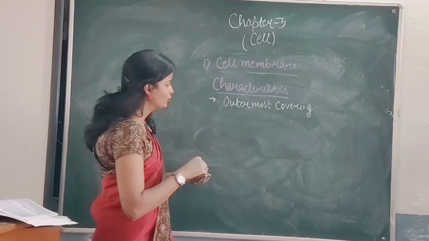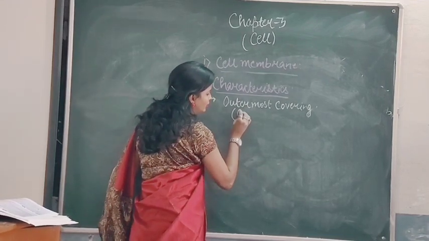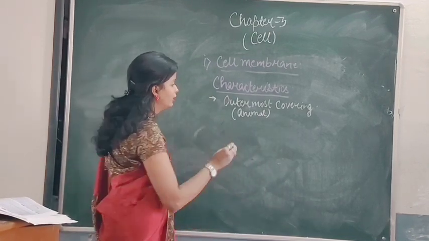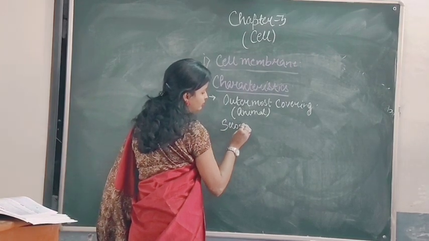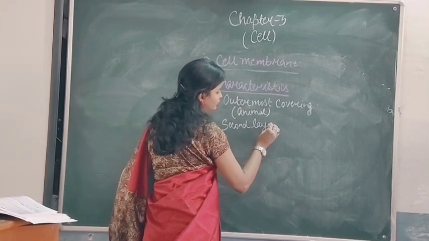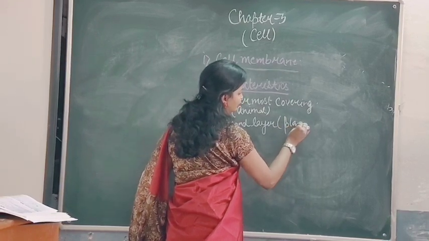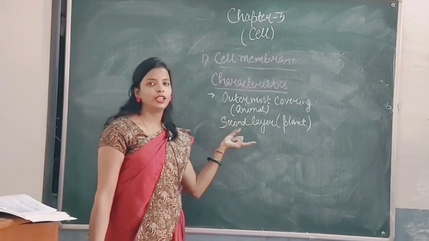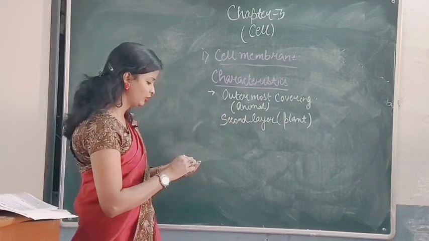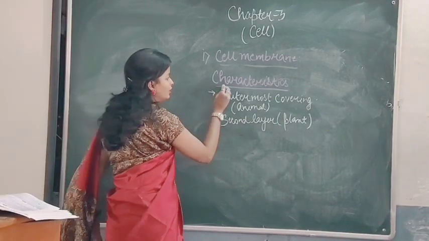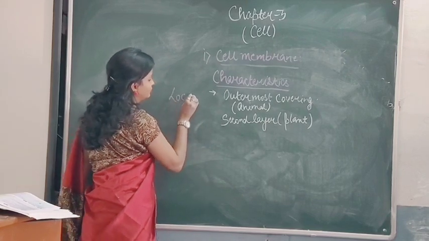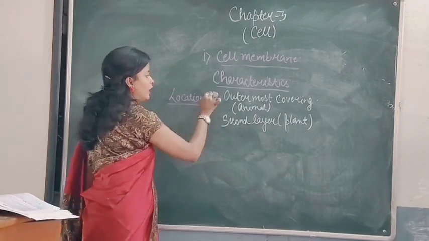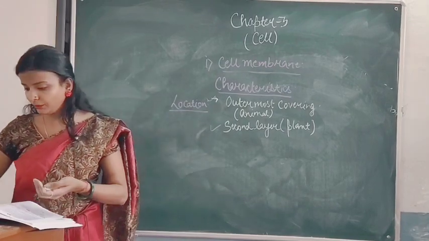When I talk about the outermost covering, that is in case of animal cells, and in plant cells it is the second layer. You can say that under characteristics you talk about the location: they are outermost in animal cells and the second layer in plant cells.